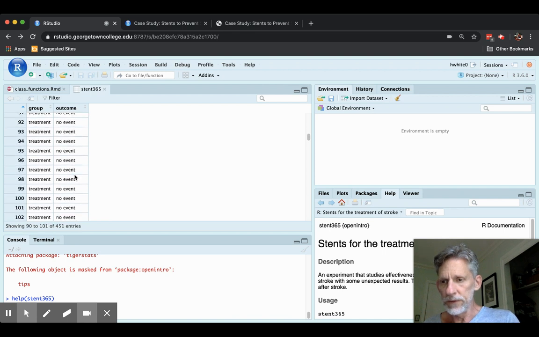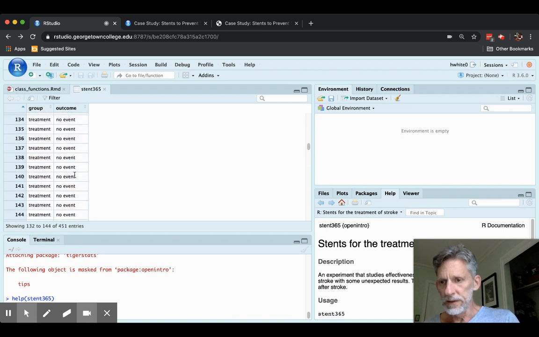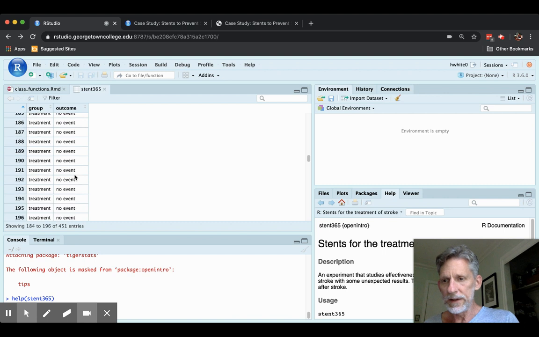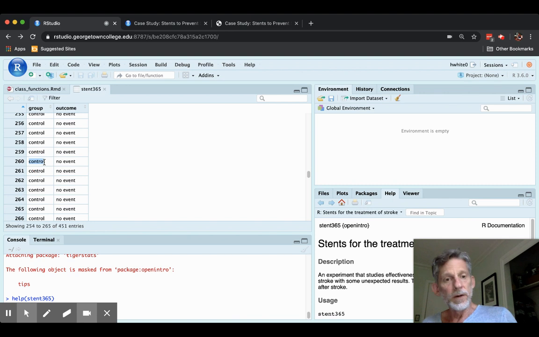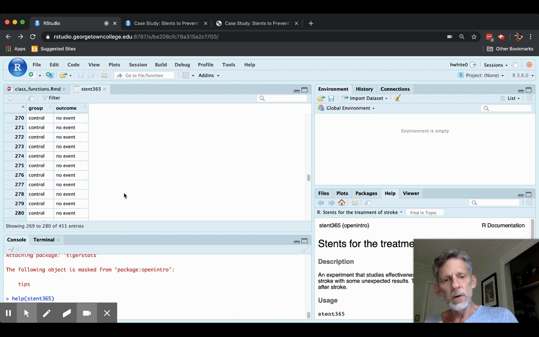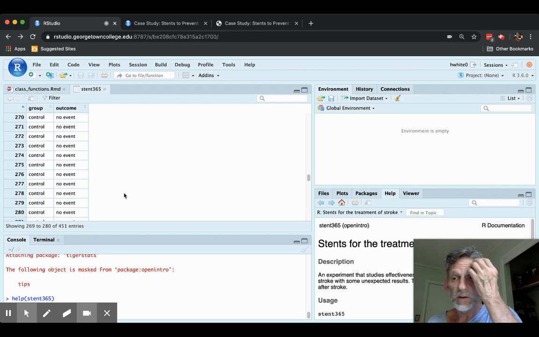And if you go down further, then you can see people who were not in the treatment group. So you might have to scroll down quite a while. Oh, here we are, like person 260. They're in the control group, and this person did not have a stroke. Okay? So you always want to take that time. Take that time to run help, run view, whenever you're confronted with a new data set in this class.